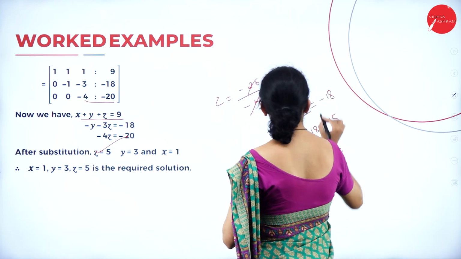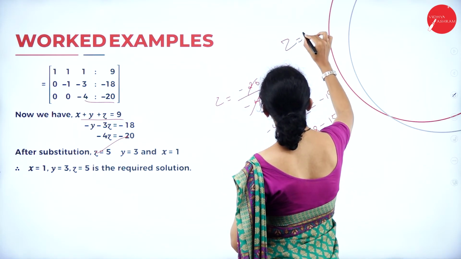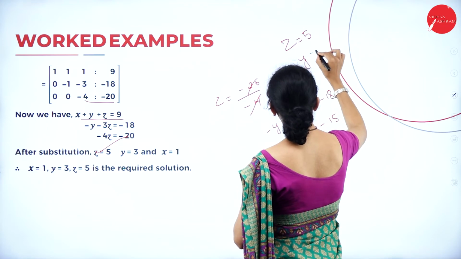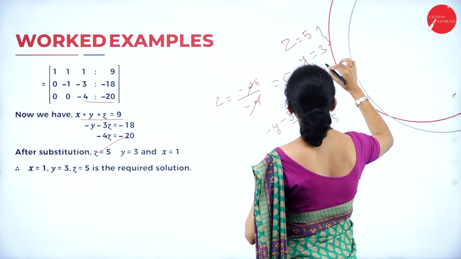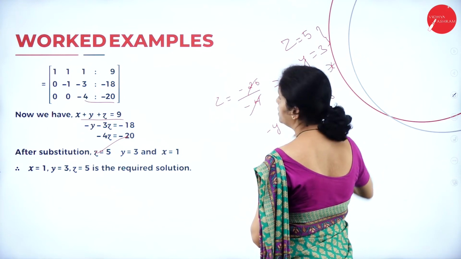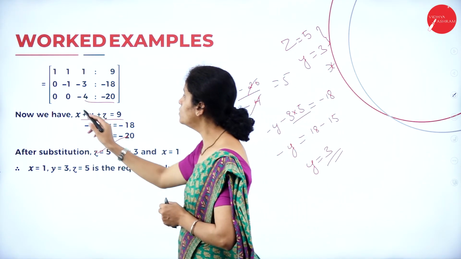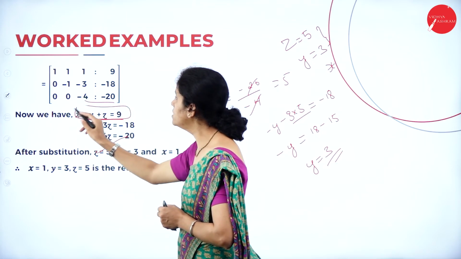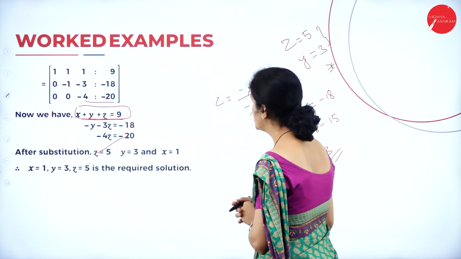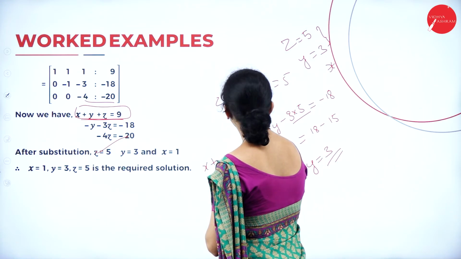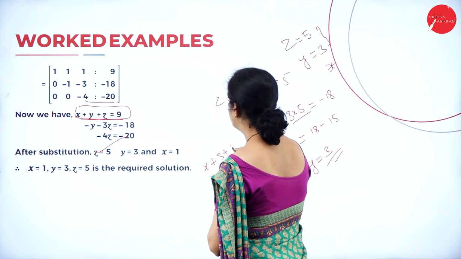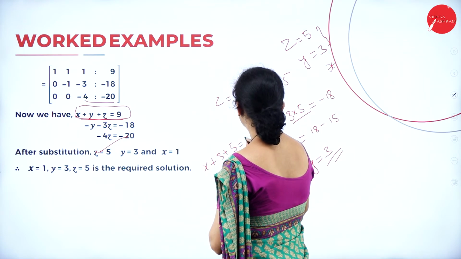Now, I got z equals 5, y equals 3. From these two values, I want to find the x value. So, what am I going to do? I am going to substitute all these values in this equation. So, it is x plus 3 plus 5 which is equal to 9.